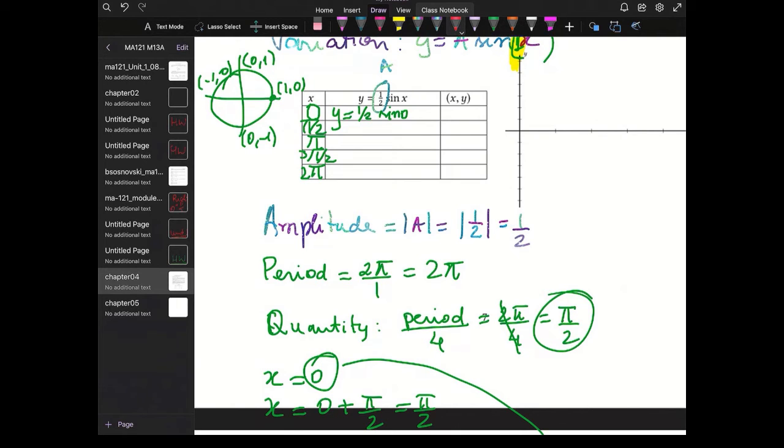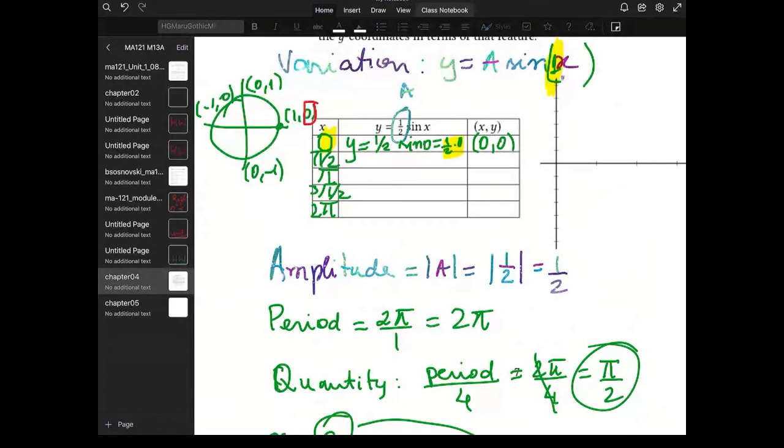We know sine of 0 is the second coordinate of these points, so 0. So you have, as a result, half times 0. The result is just 0. So the point I'm going to use is 0, and the result of this, which is 0. So I have 0, 0.